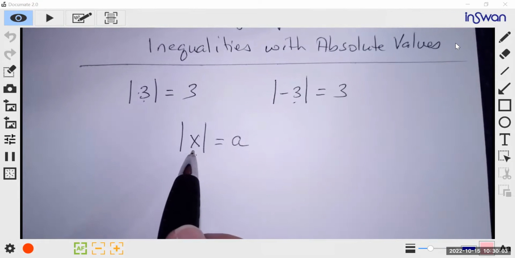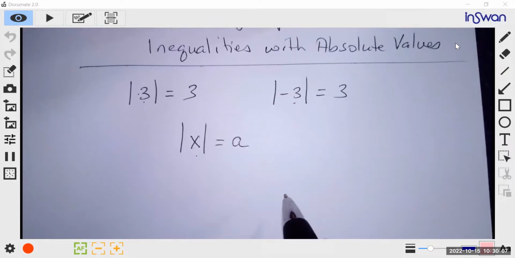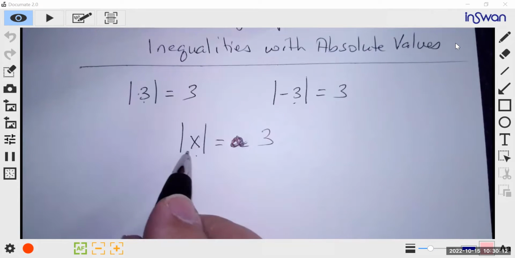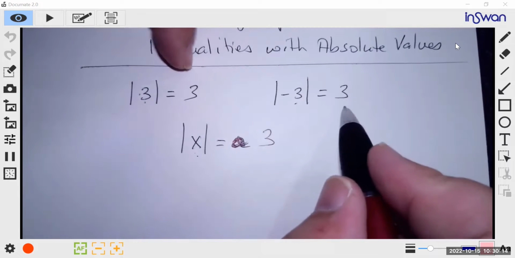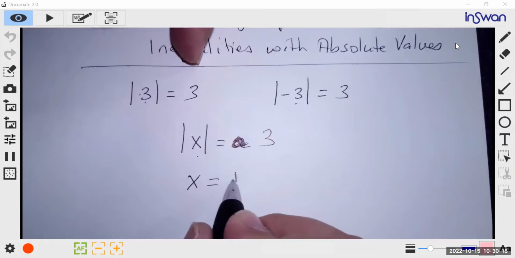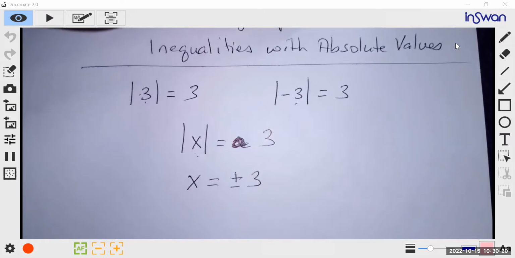So in this case, let me put a 3 here instead. If I had the absolute value of x equals 3, what can x equal? It can either be positive 3 or -3, because it can be positive or negative.